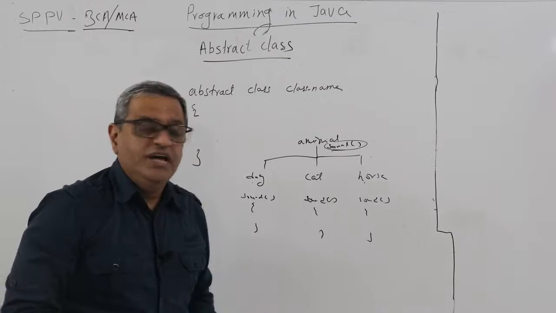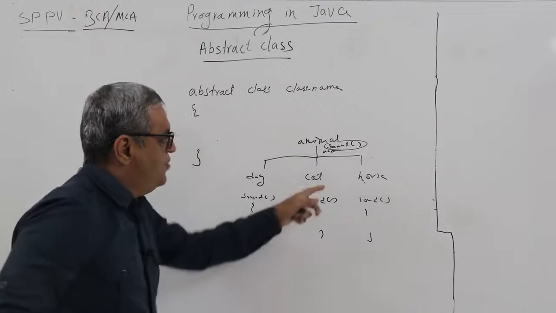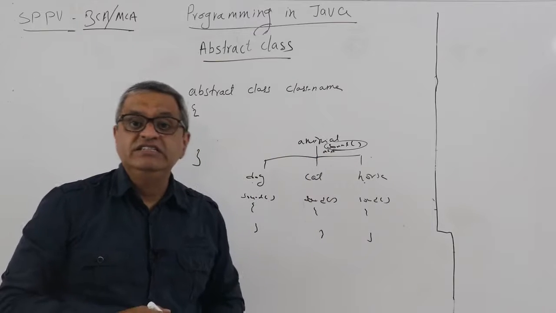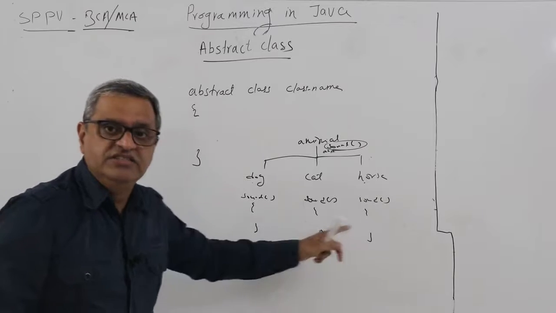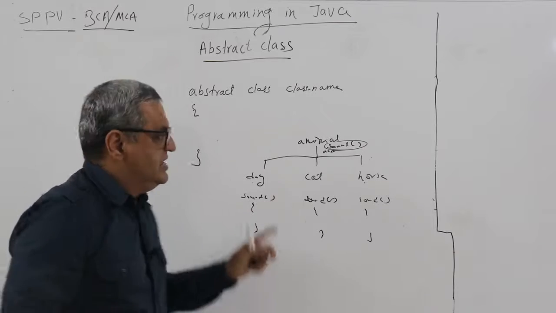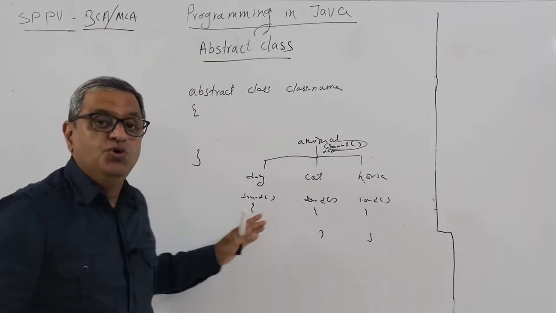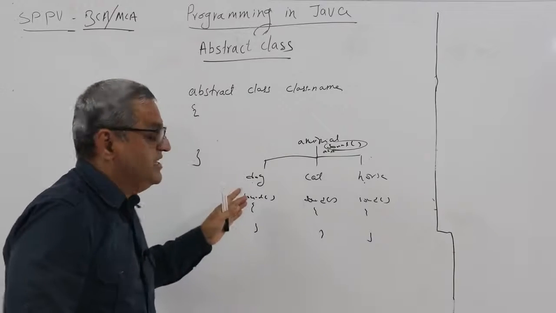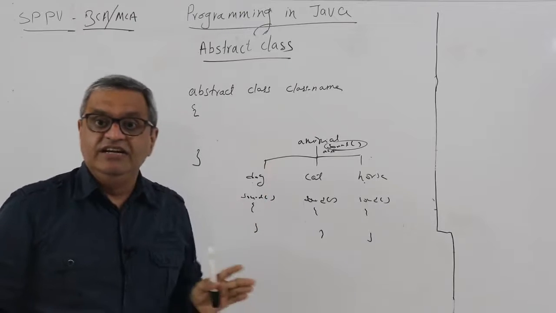So what happens now? If I declare this method as an abstract method, obviously I need to declare this class as an abstract class. In this case, my compiler will give me an error if I don't put any specific implementation of that method in the child class.